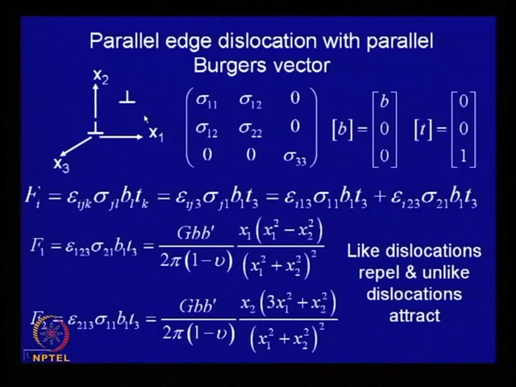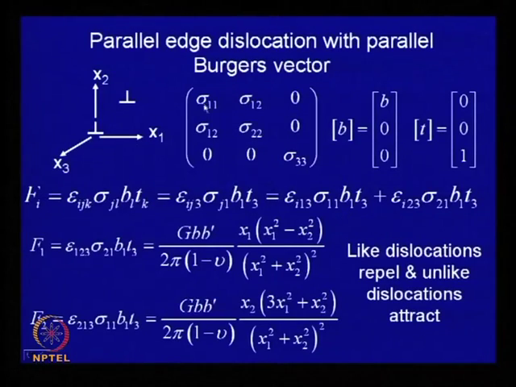So, this is a case of parallel edge dislocations with parallel Burgers vectors. You can do it in exactly the same way if they are parallel dislocations, but the Burgers vector is at right angles. These are some exercises which you can try yourself, and with the way it is introduced, it should not be difficult for you to arrive at this and understand such interaction.